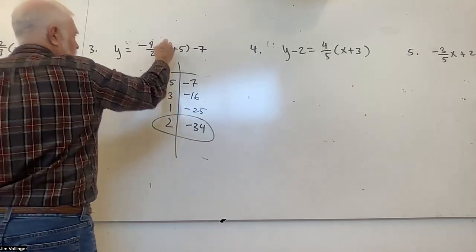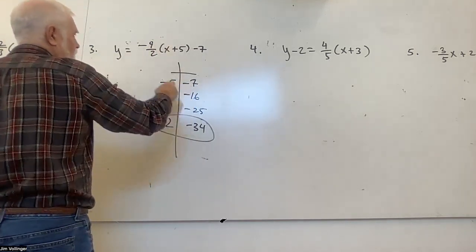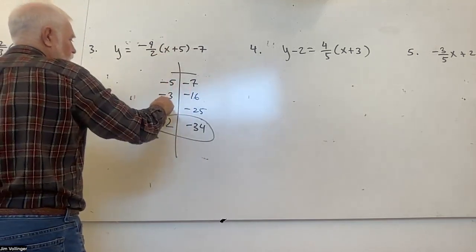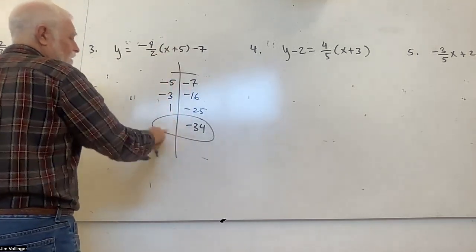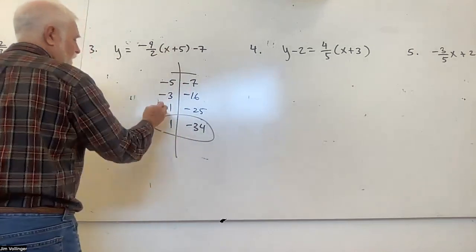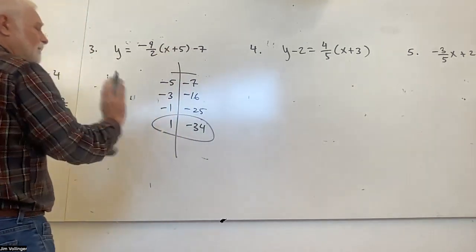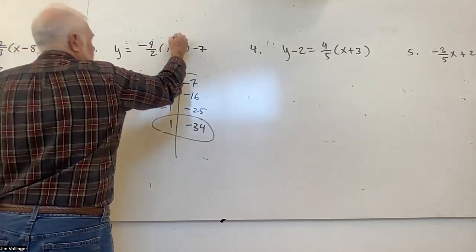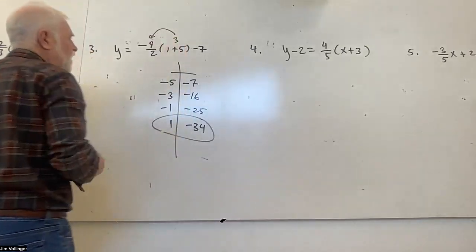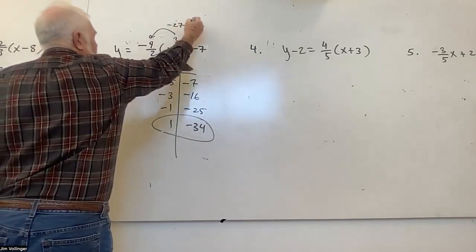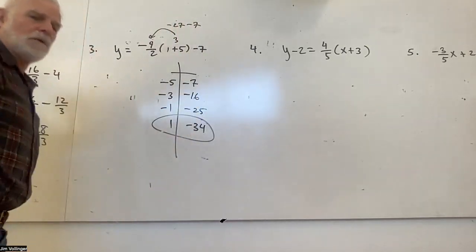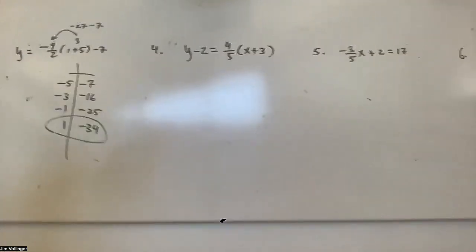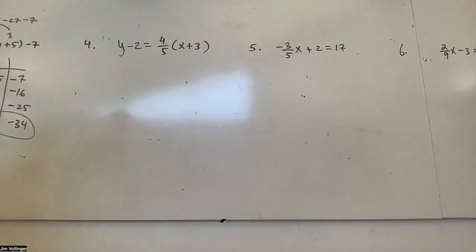So I started with -5, -7, I'm going up 2, up 2. I went up 3. So I see, that's why I checked this. All right, so that would have been -1, that's 1. There we go. 1 plus 5, 6. That goes 3 times. 3 times -9, -27, -7, -34. Now we're okay. All right, that's why it's good to check.